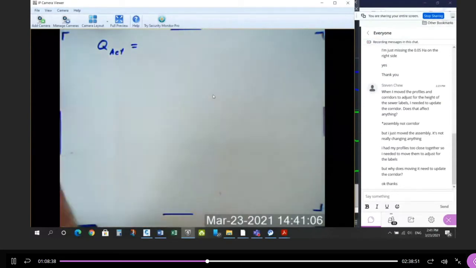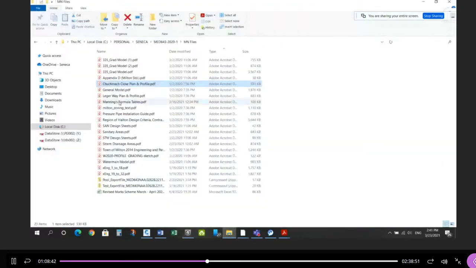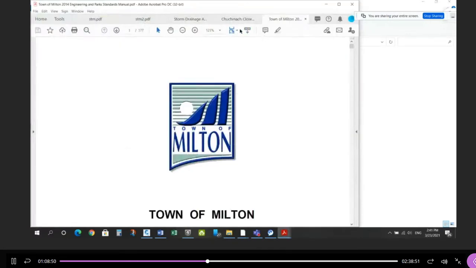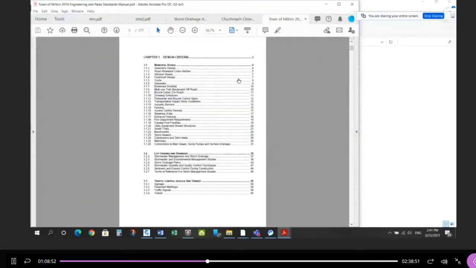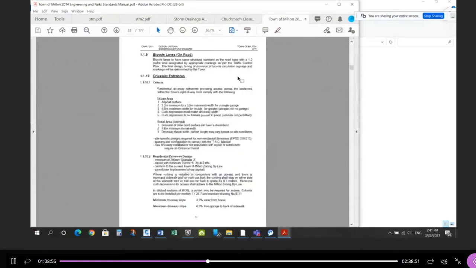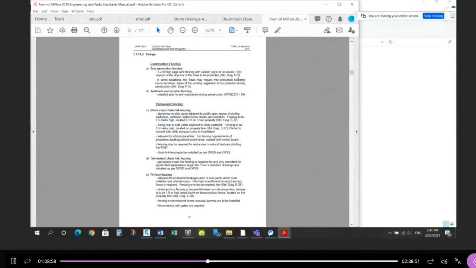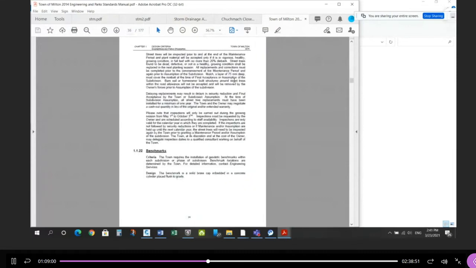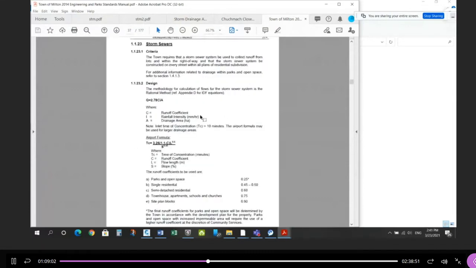And if you remember this from MPT, and if we look at the standard, let me bring up the standard, which is Town of Milton. Okay, so if we look at the Town of Milton standard, it's going to tell you how to design the storm. It's going to show you right here, right?